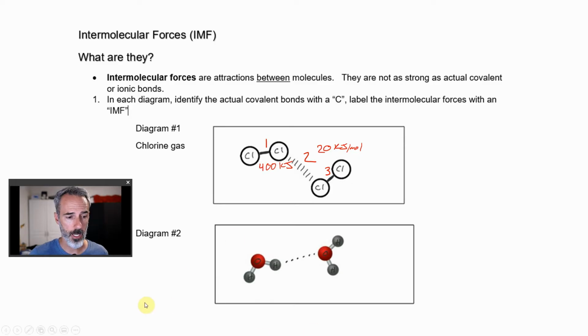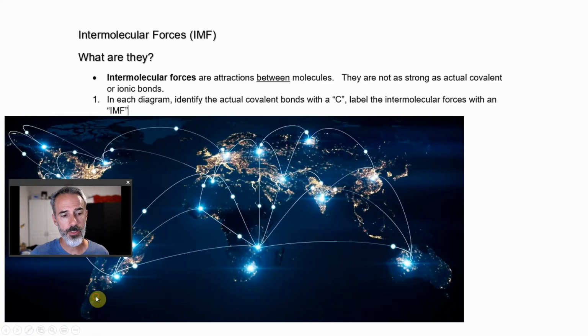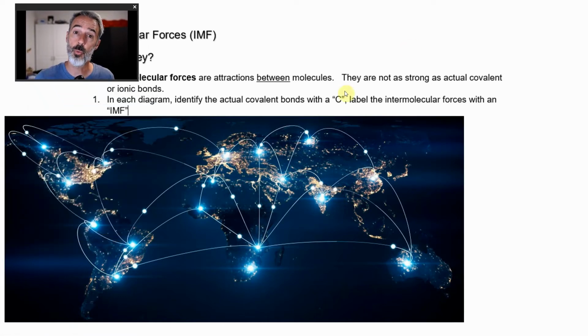The key thing here is that intermolecular forces are the forces between molecules, kind of like international flights are the flights between countries, right? But if you're flying within the United States, that's not an international flight. That's within the country.